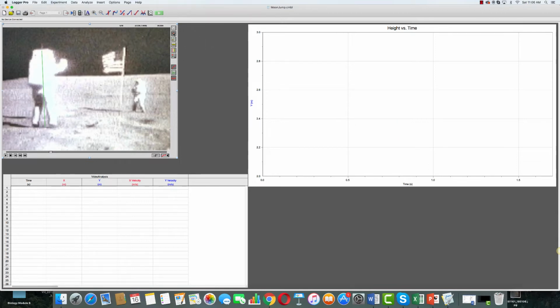So I'm just going to click on that, and then I'm going to choose a point. It doesn't matter what point you choose, but you need to choose the same point. So let's say I'm going to track the motion of the top of the astronaut's head here. I'm going to click right there, and I'm going to click every instant in time. I click, it advances a frame, and I'm going to reposition it and click exactly where that location has moved to.